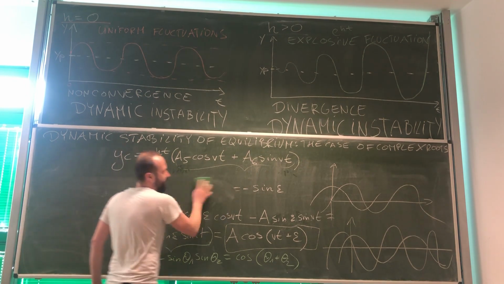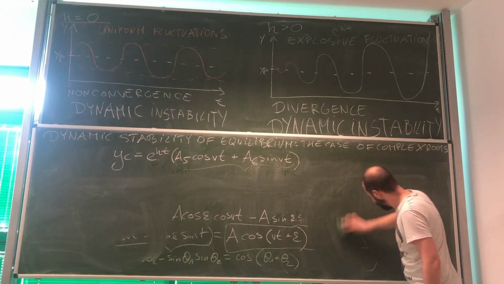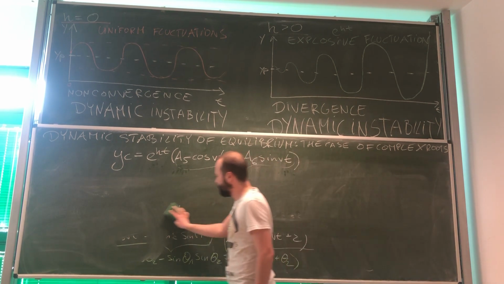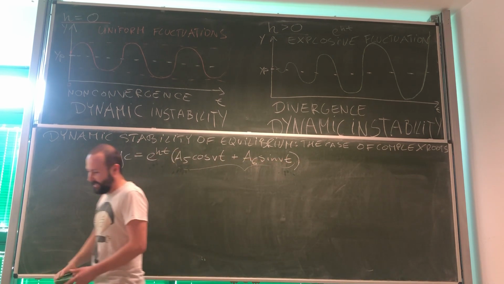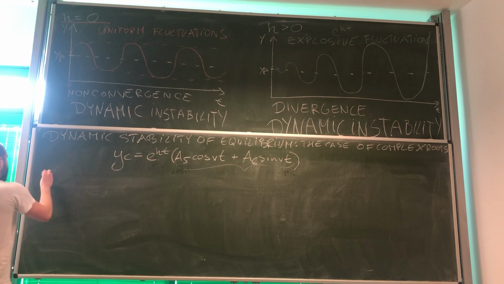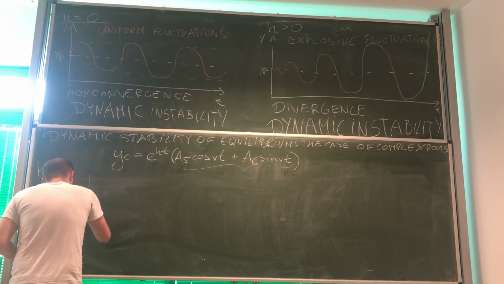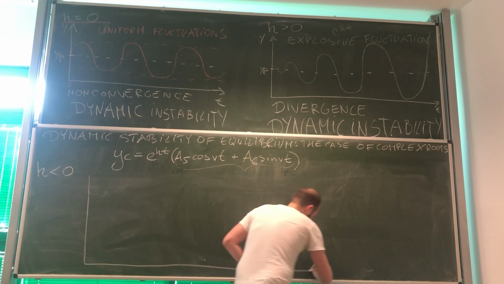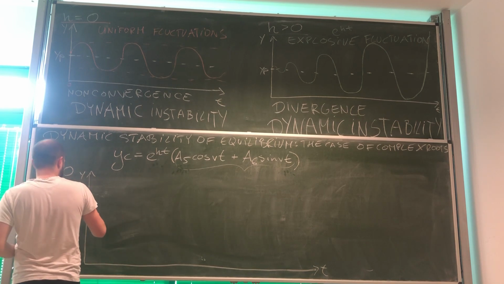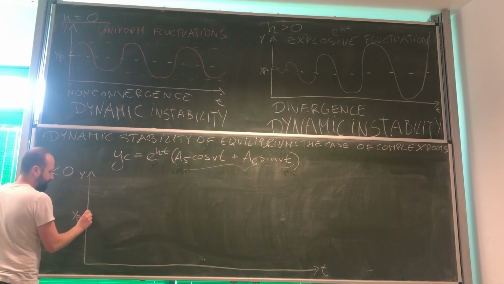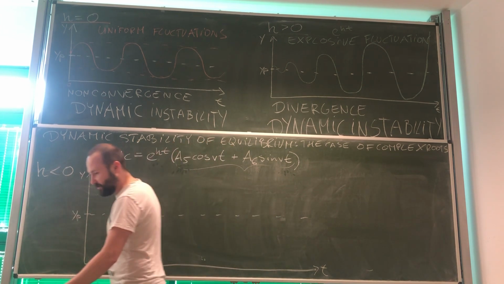Okay, finally, we will have case number 3. In case number 3, of course, h is going to be smaller than 0. So it's negative. Let's draw this one. Again, we have some equilibrium value. And what happens over here?